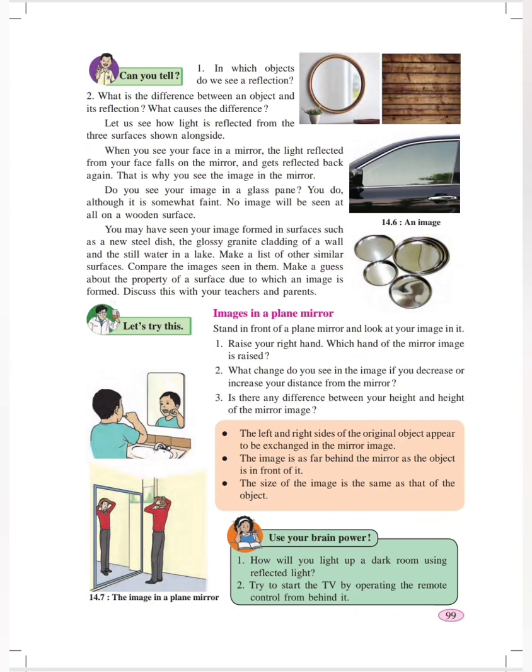The next point is transparent objects, opaque objects and translucent objects. The objects through which light passes completely are called transparent objects. For example, glass. Glass is a transparent object. Sometimes we can see the objects behind only partially.